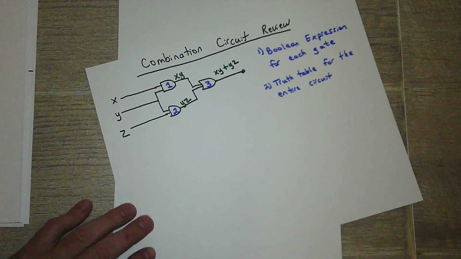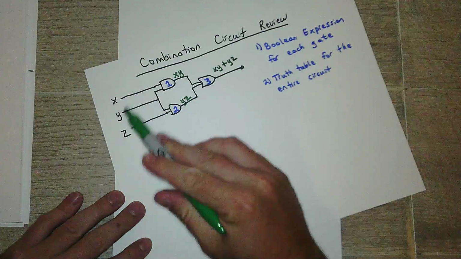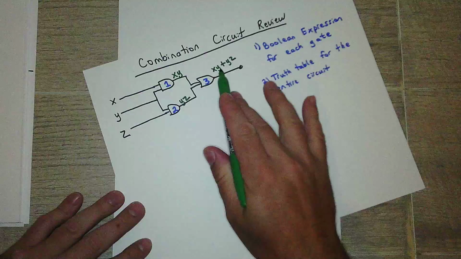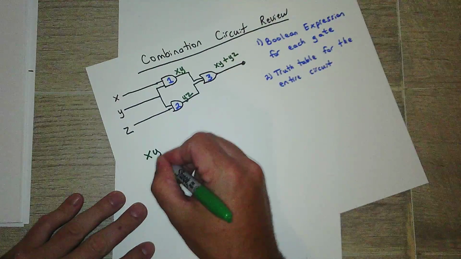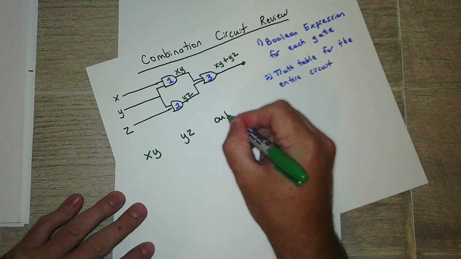Okay? So the truth table we're going to do for the entire circuit. So it's whatever the last gate is, the final output. So I have 2 inputs and then my output. That's an input, that's an input, and then my out.